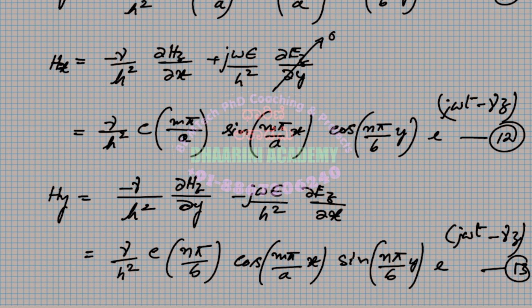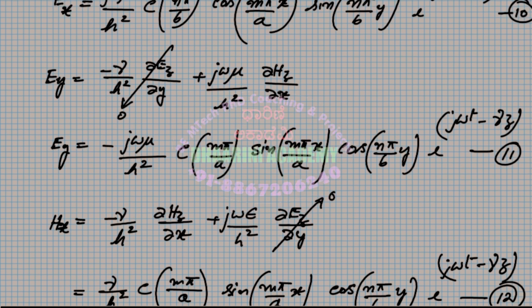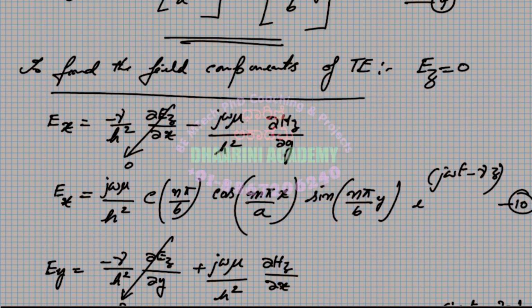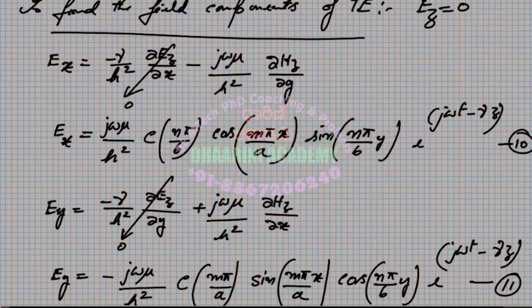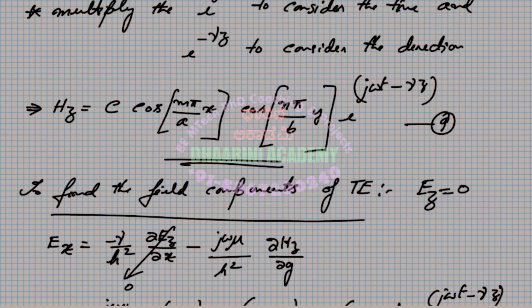When m is 0, Hx is not there. Let's go ahead. Check equation number 11. m is 0 means Ey is also not there. Ex is also not there. Correct? m and n both are 0. Right now I am trying to trace out, and all 4 components will not be there. Also, I'll check whether Hz is 0. Okay, that's fine. Ez is anyway 0, correct?